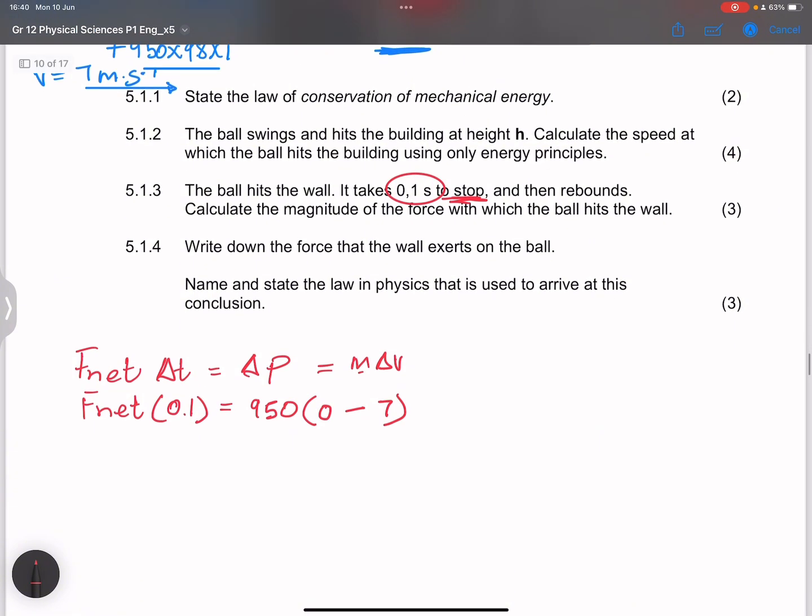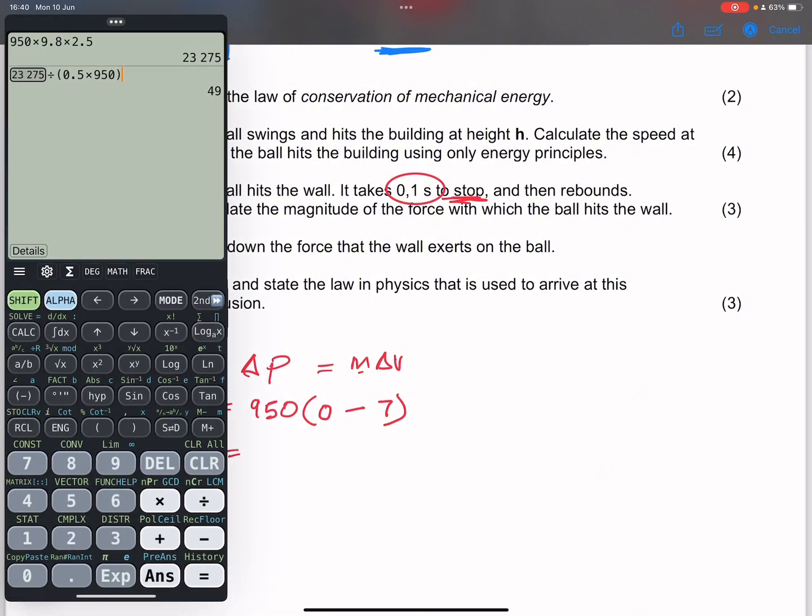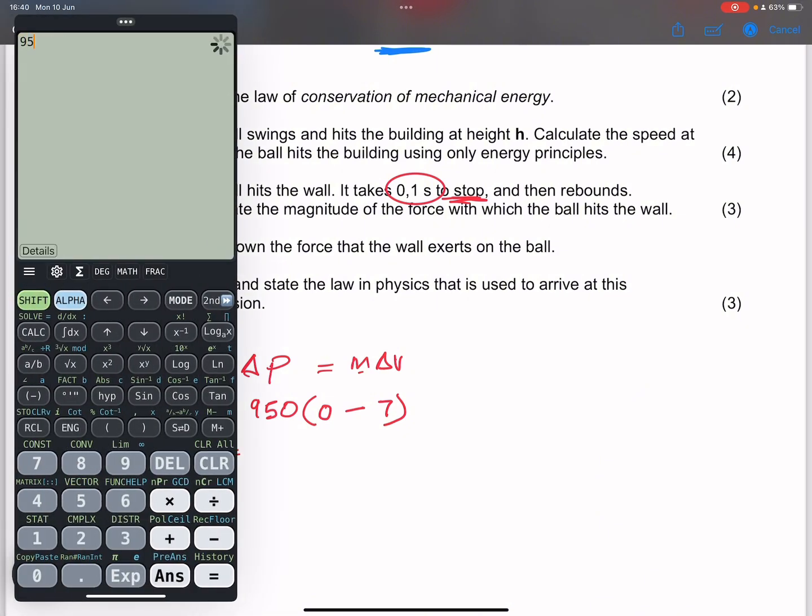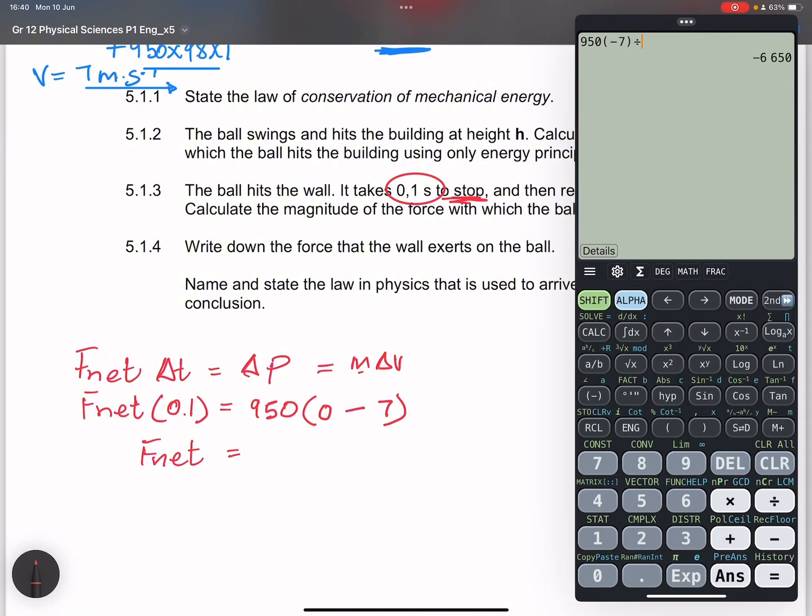So the net force that the wall exerts on the ball is going to be 950 multiplied by -7, that's 0 minus 7, divided by the time, which is 0.1.